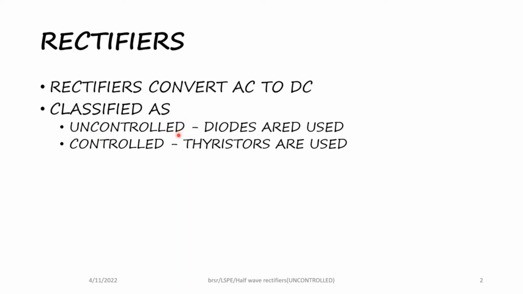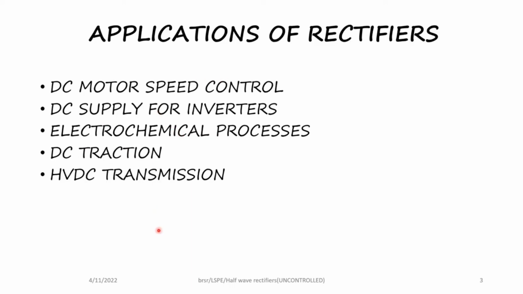Before that, we will go into the applications of the rectifiers. Rectifiers find applications in the following: DC motor speed control. If the speed of a DC motor is to be changed, the DC value available for the motor has to be changed. For this, a rectifier is used. It is also used for the input supply for the inverters.